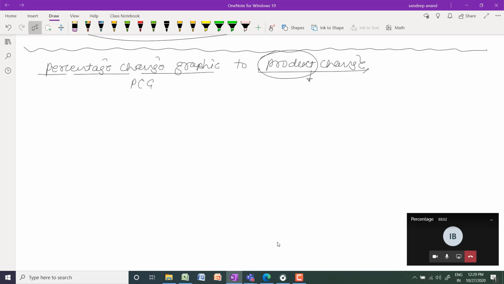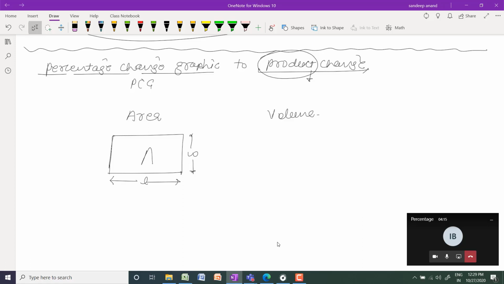For that, in this percentage change graphics, I am using the example of area calculation and volume calculation. Since you all know, if I am considering one object like a rectangle, this rectangle has length, and it has some width as well.